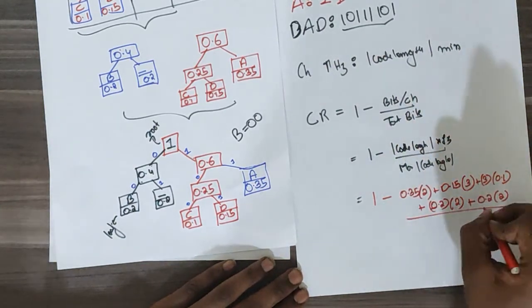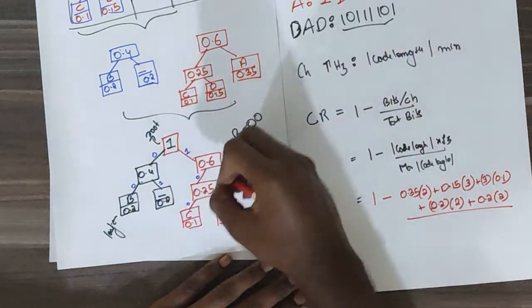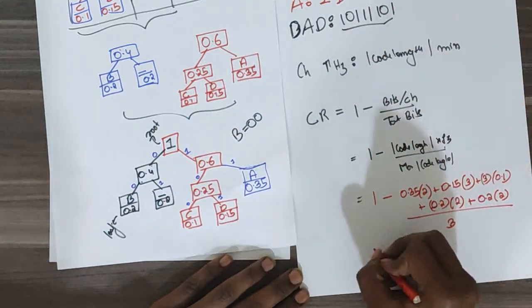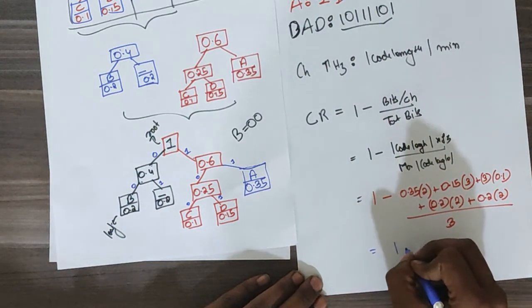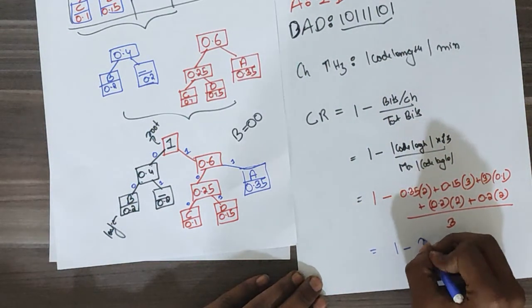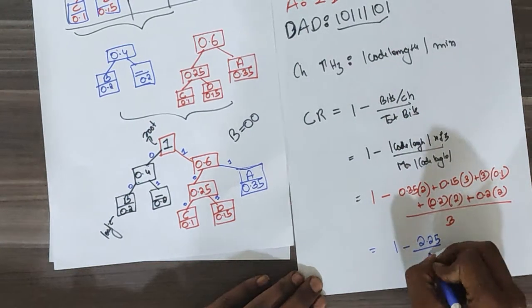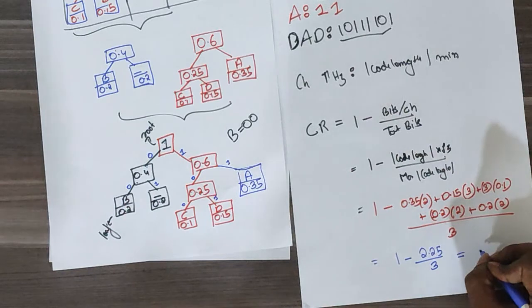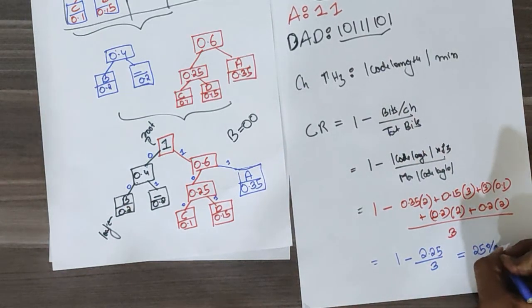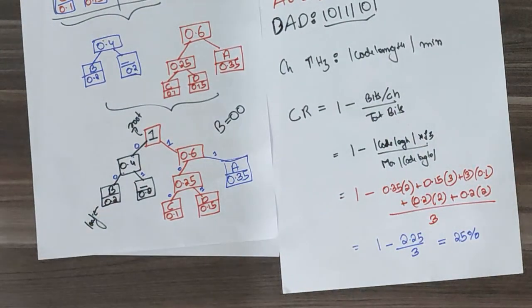And then the maximum code length here is 3, so that would be written. On calculating these things, we get 1 minus 2.25 divided by 3. So this gives a compression ratio of 25%. So this is how we calculate the compression ratio.